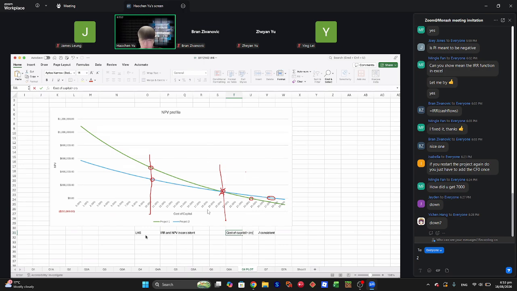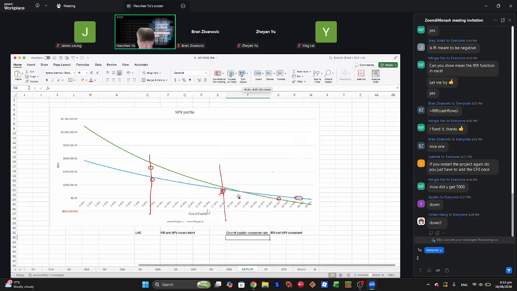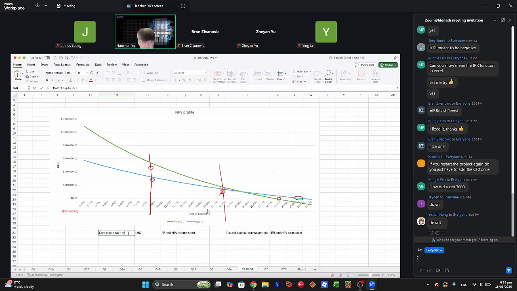If the cost of capital is greater than the crossover rate, IRR and NPV are consistent, so it doesn't matter which you choose. But what if the cost of capital is smaller than the crossover rate?